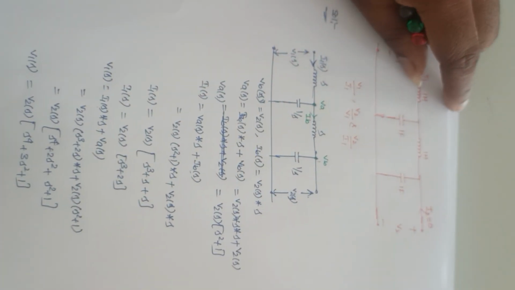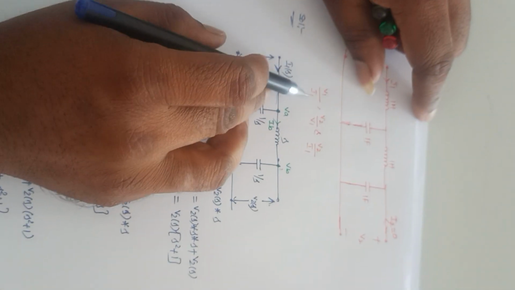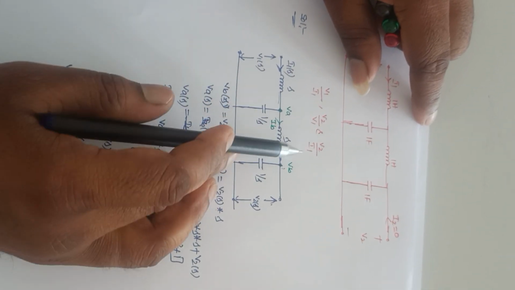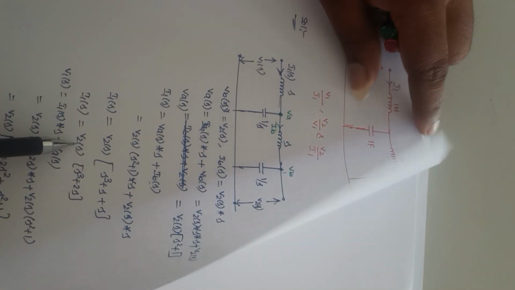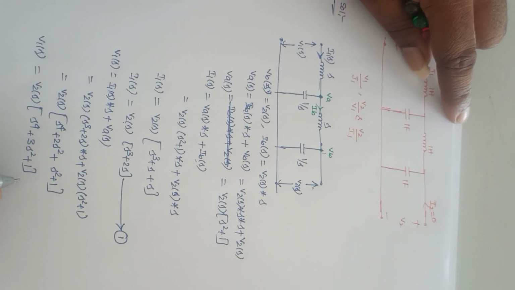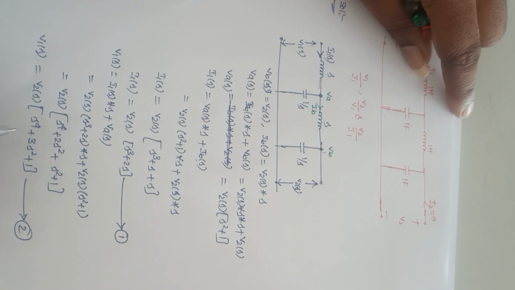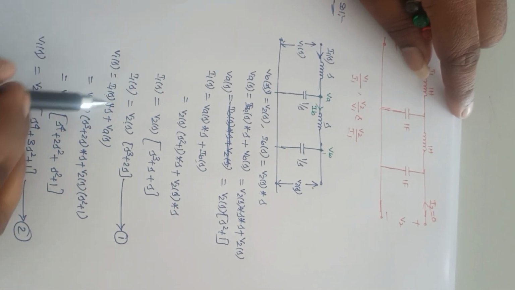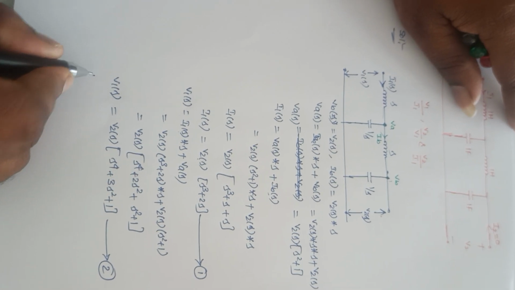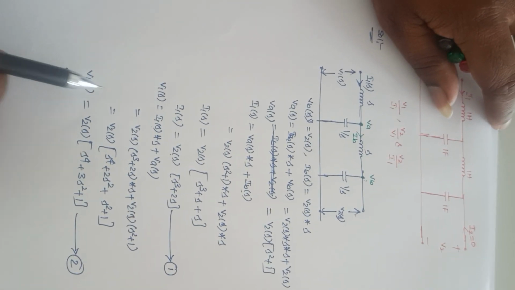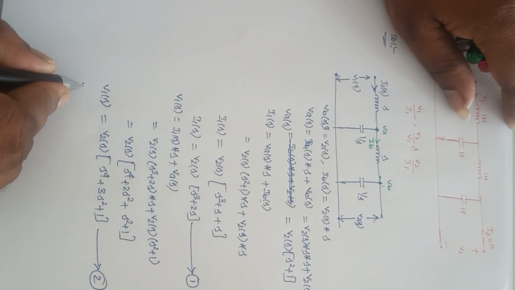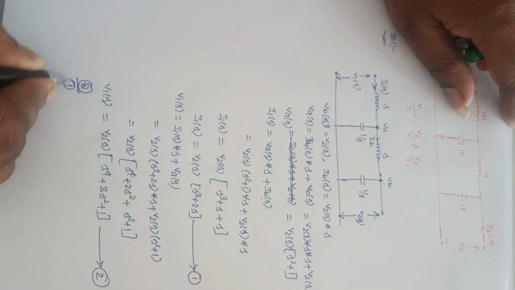Now what I need to find here is V1 of S by I1 of S, V2 of S by V1 of S, and V2 of S by I1 of S. Let us consider this as equation number 1 and this as equation number 2. To find V1 by I1, equation 2 divided by equation 1.